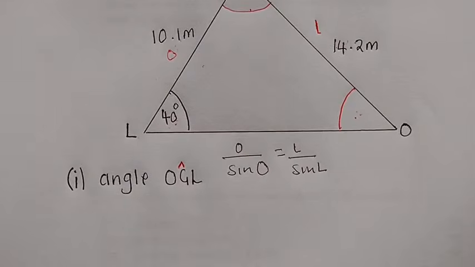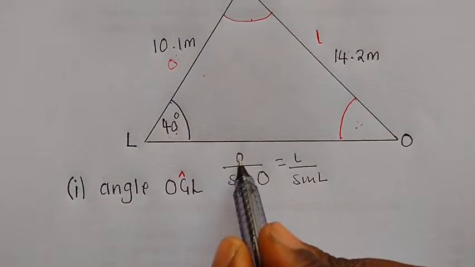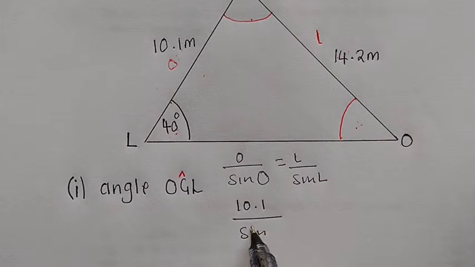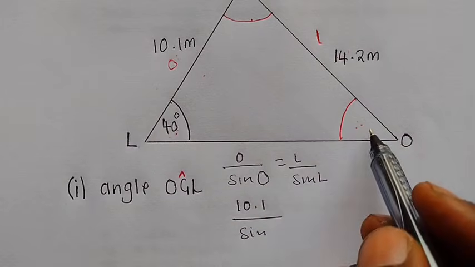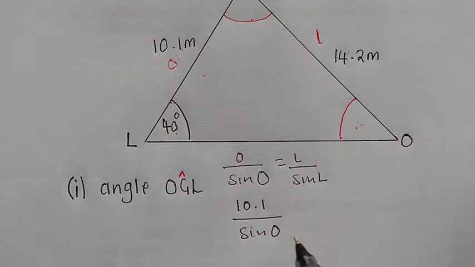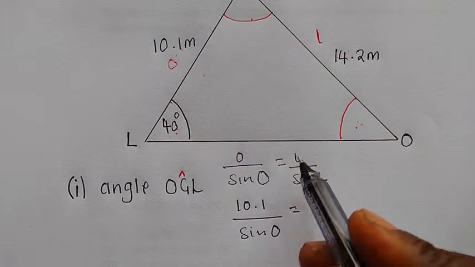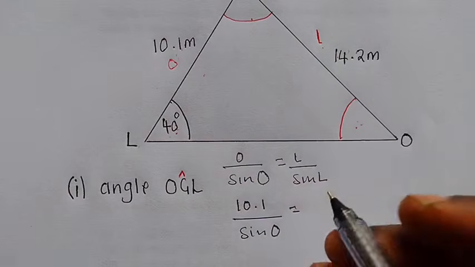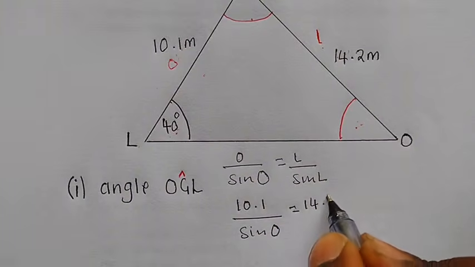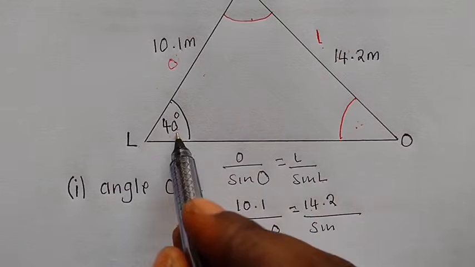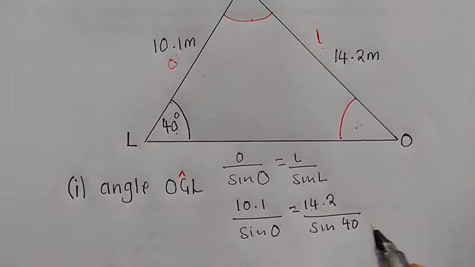From here, o representing the side, which is this 10.1, you write 10.1 over sine O, which is the angle at O. We don't have an angle at O, so just write sine O, equal to l representing the side 14.2, divided by sine L. What is the angle at L? It's 40 right there, so you write 40.